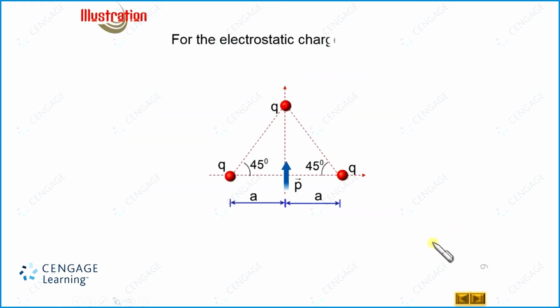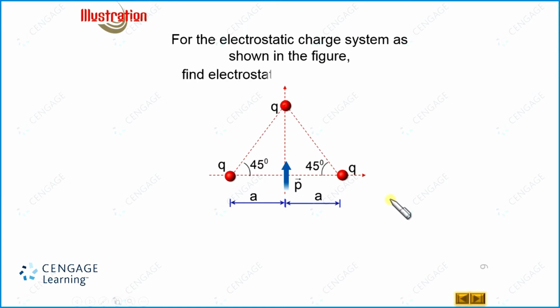Now let us move to the next illustration. In this illustration we can observe three charged particles of equal magnitude and same sign placed at the vertices of this triangle, and we have one dipole having dipole moment P vector. Here we need to calculate the electrostatic potential energy of the system.